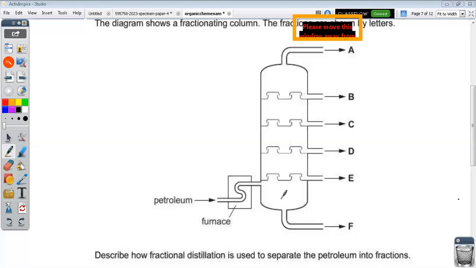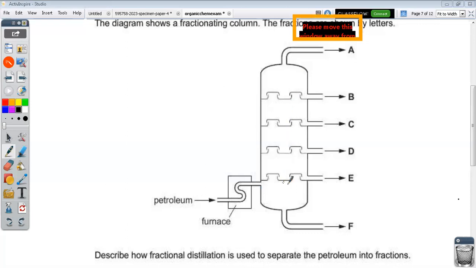Then the smaller fractions, the lighter fractions with low boiling points, go to the top. Are we together? The top is cooler and the bottom is warmer. So I'm saying the fractions that are lighter with lower boiling points go to the top. Clear?